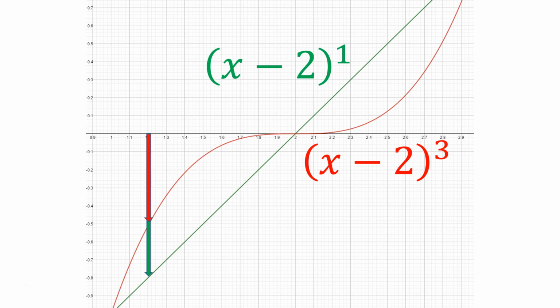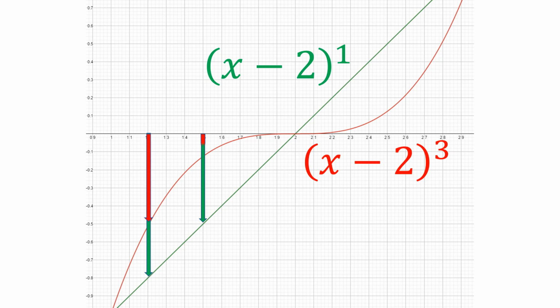For the red curve, it's a different value that's definitely, as you can see, closer to the x-axis. That's about negative 0.5. That's what the red arrow represents. It simply is the output of plugging approximately 1.2 into the expression x minus 2 cubed.